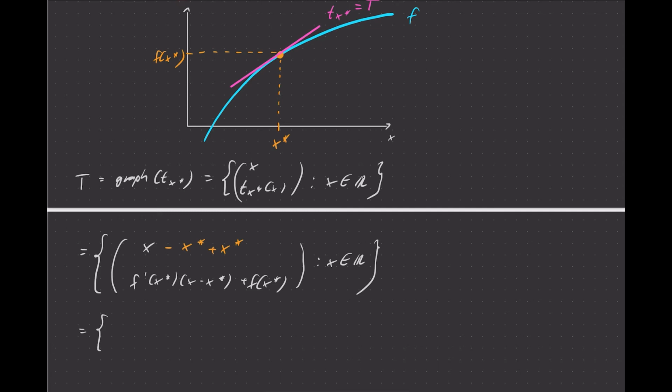So that constant part, well, x star is surely constant, so put that in here. And for the second coordinate, we'll take the f of x star as the constant part. And then we have that x minus x star left here. And here in the second part, we have f prime at x star times x minus x star.